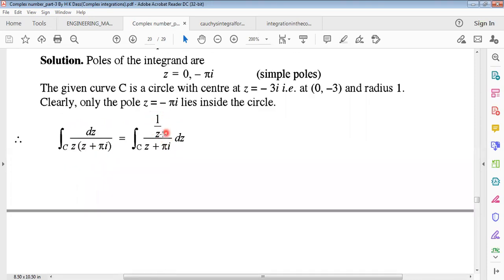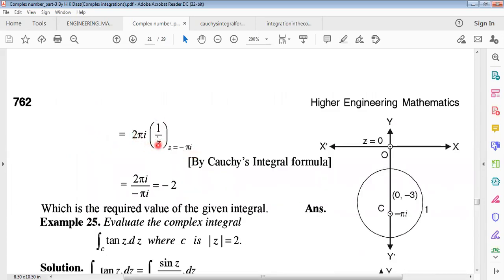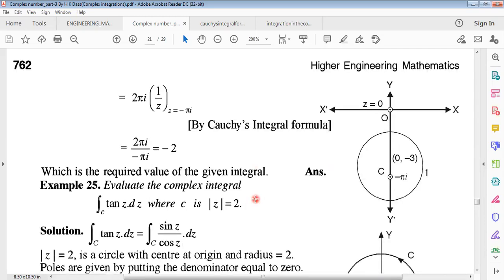So this becomes f(z) at z equals minus pi i, where f(z) is 1 by z, by Cauchy's integral formula. Just putting z equals minus pi i, we get 2 pi i divided by minus pi i. The i cancels, the pi cancels, only minus 2 remains, which is the required value of the integral. By using Cauchy's integral formula, we can find it easily.